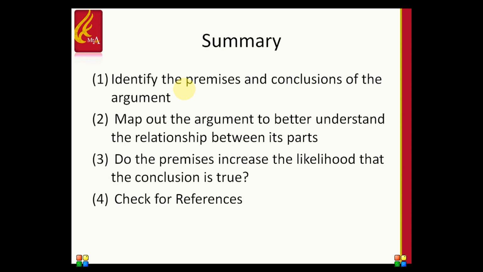And when you're given specific evidence, it's always good to check for references to make sure that that data is actually legitimate. And in general, evaluating arguments just takes a skeptical mindset to stop and ask, what is going on here, and am I being given enough evidence to actually believe what's being presented?